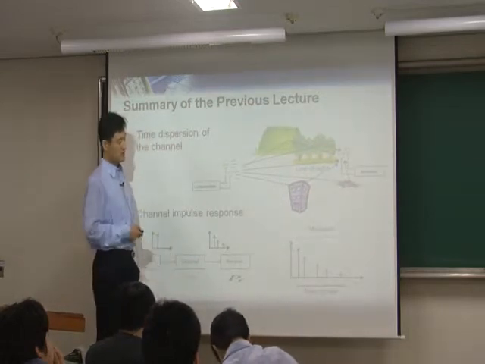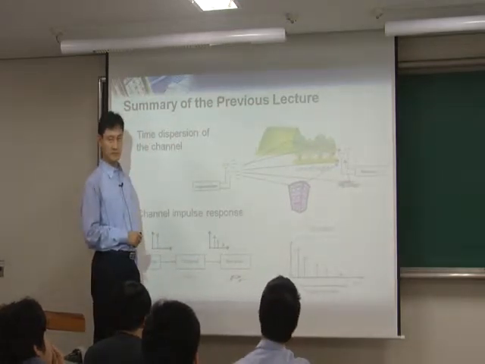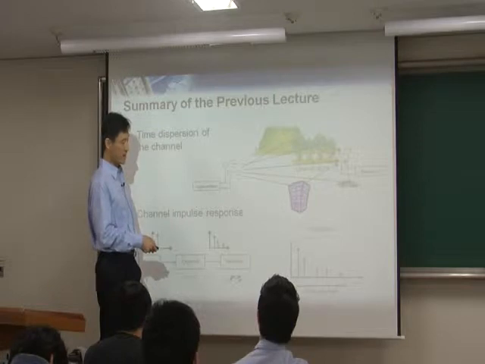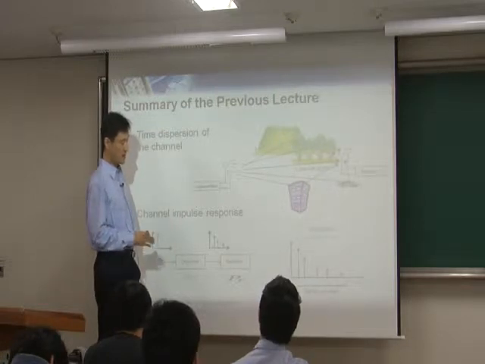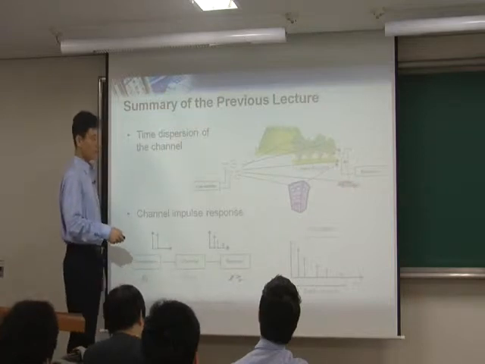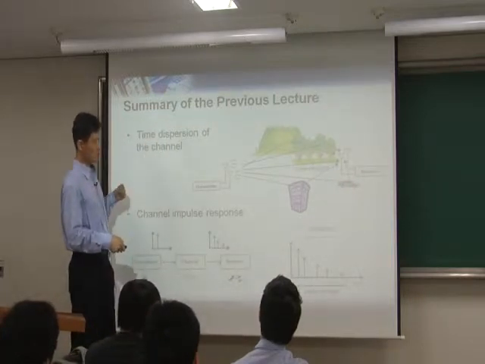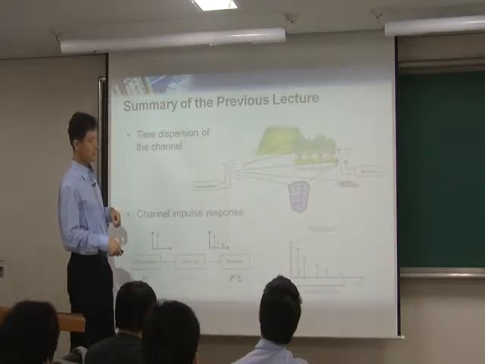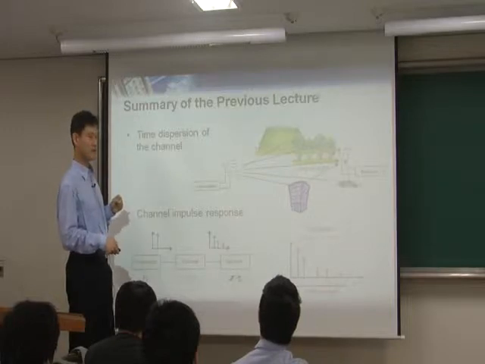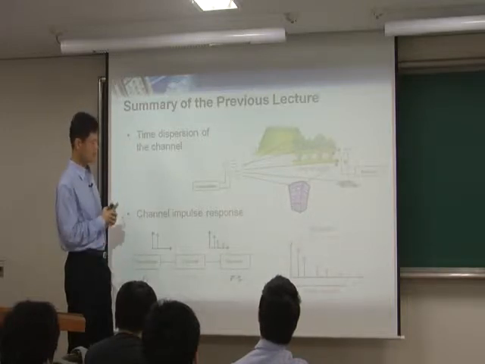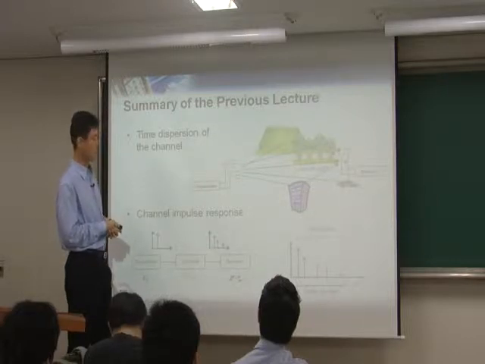Large delay spread is a little bit bad for us. Also, many multiple paths are, again, not good. We need to understand this time dispersion by looking at the power delay profile. That's required to design our system.